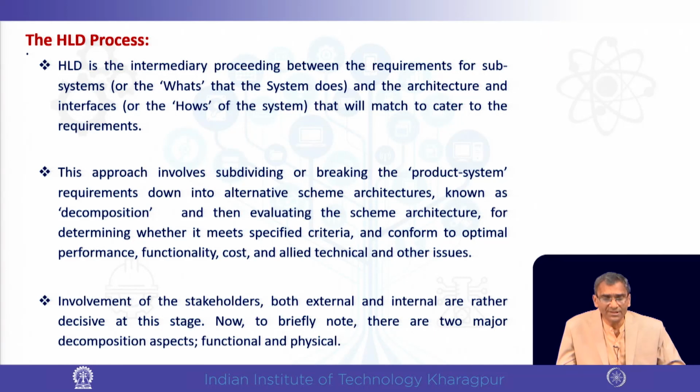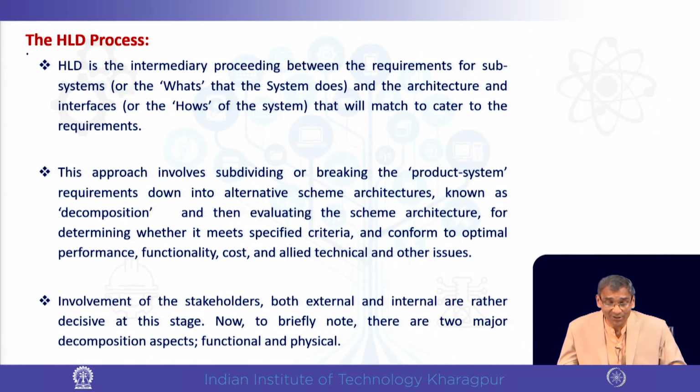This approach involves subdividing or breaking the product system requirements down into alternative scheme architectures, known as decomposition, and then evaluating the scheme architecture to determine whether it meets specified criteria and conforms to optimal performance, functionality, cost, and allied technical or other issues.